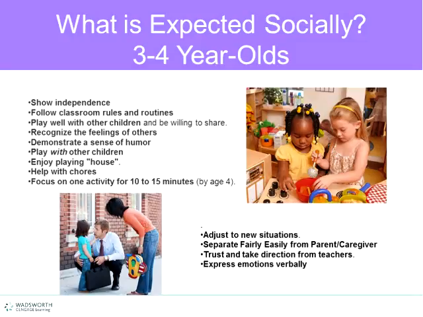Some kids, as late as 5 or 6, may start telling jokes, and they will crack themselves up telling jokes. They should play with other children as opposed to by themselves or playing side by side but not interacting. We want them actually interacting and playing with the other children by about 3 or 4, and they get this through practice. They should enjoy playing house.